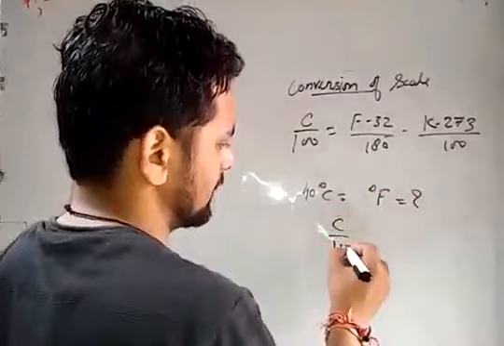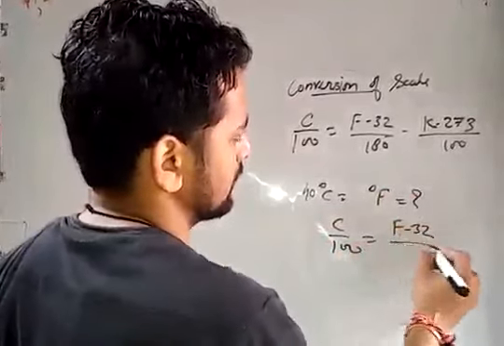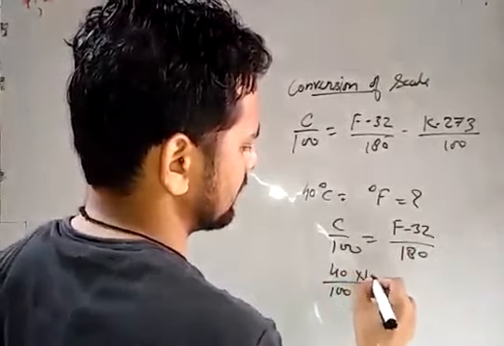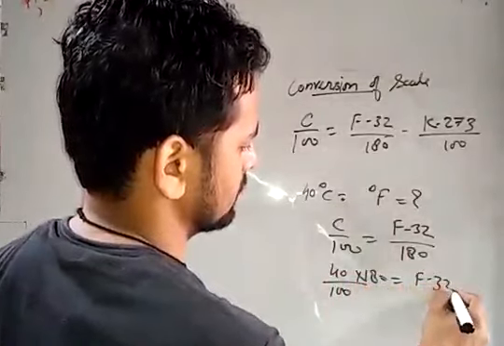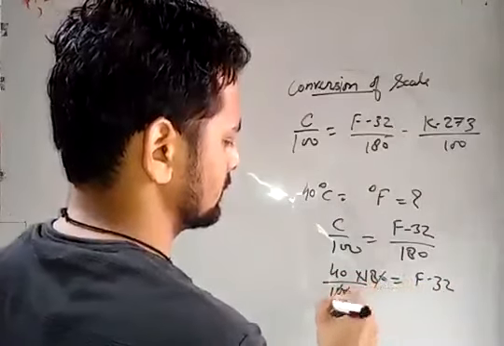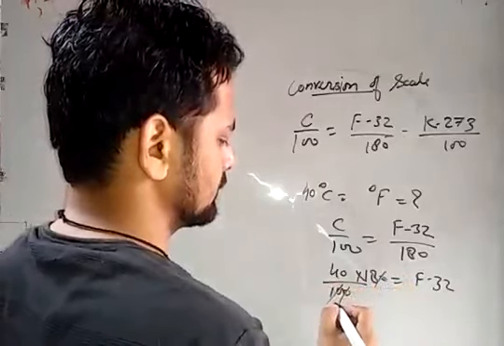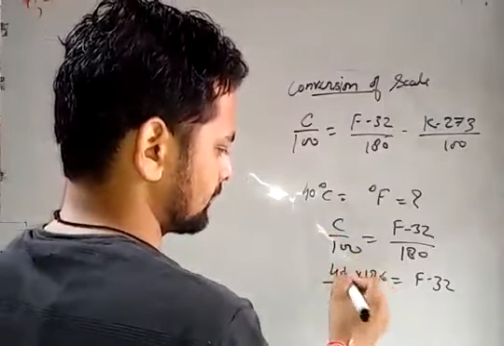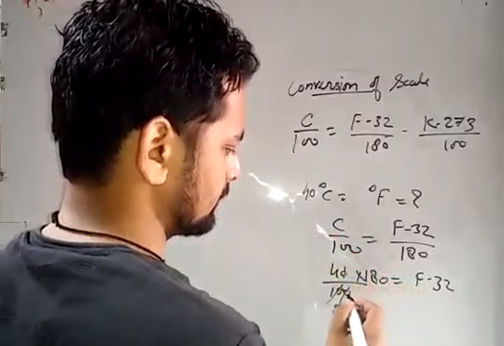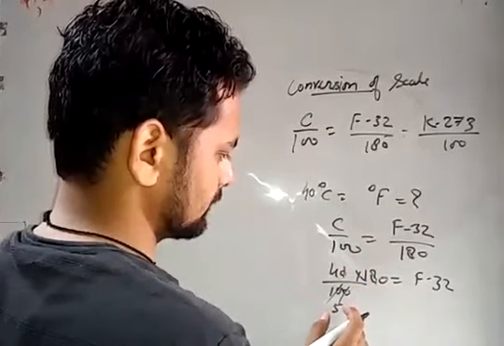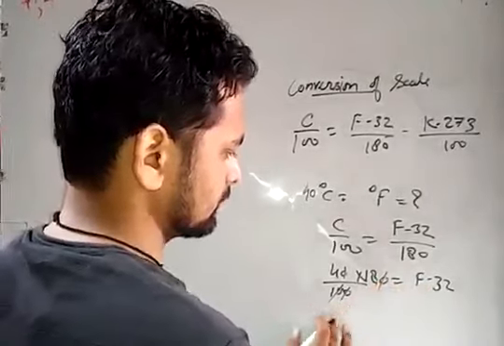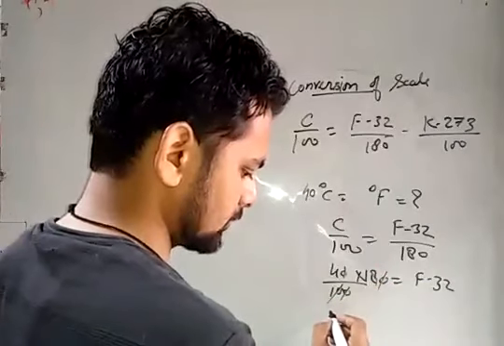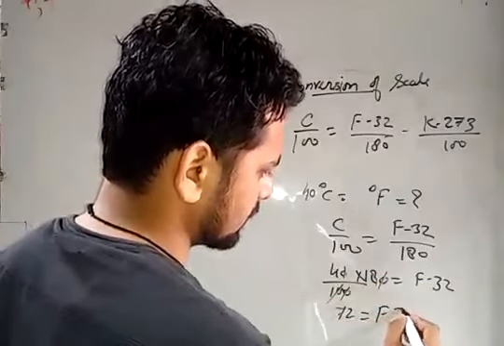So C upon 100 equals F minus 32 upon 180. 40 upon 100 multiplied by 180 equals F minus 32, so 72 equals F minus 32.